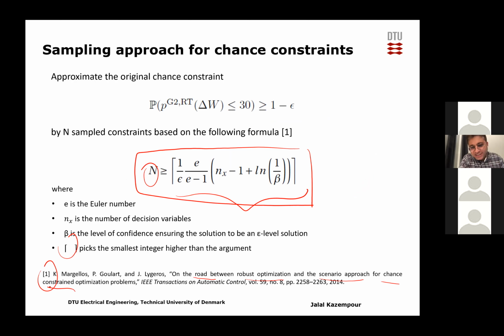So it seems that chance constraint can be recast either as a stochastic program or robust. How can we recast chance constraint as a robust optimization? No, I'm not talking about distributionally robust. We have a given probability distribution. How can we recast the chance constraint problem as a robust optimization? It's not about distributionally robust. It's something else.